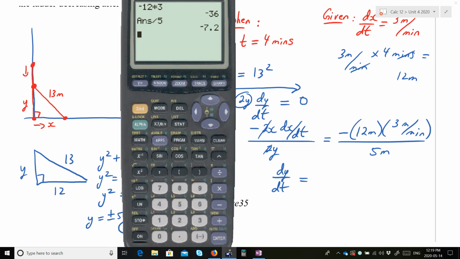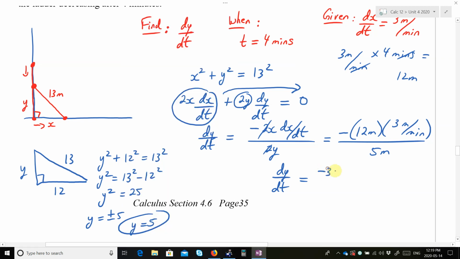We get negative 7.2, or as a fraction, negative 36 over 5 meters per minute. Meters will cancel, and we'll just be left with meters per minute. And it makes sense that that's negative because that y height is decreasing. All right, so there's example 4, everybody.